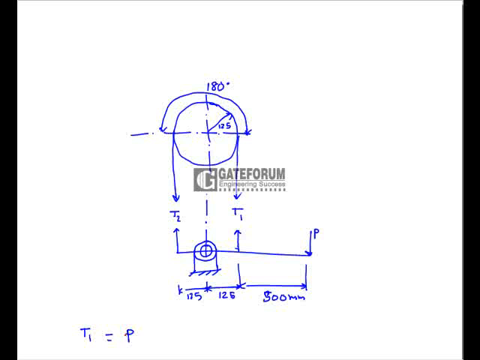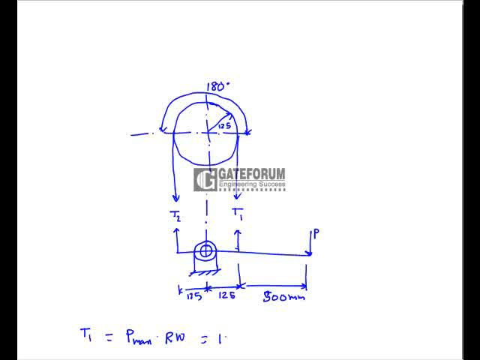the maximum pressure applied on the band, given as 1000 kilopascal. The tight side tension is equal to P max into R into W, where R is the radius of the band and W is the width of the band.